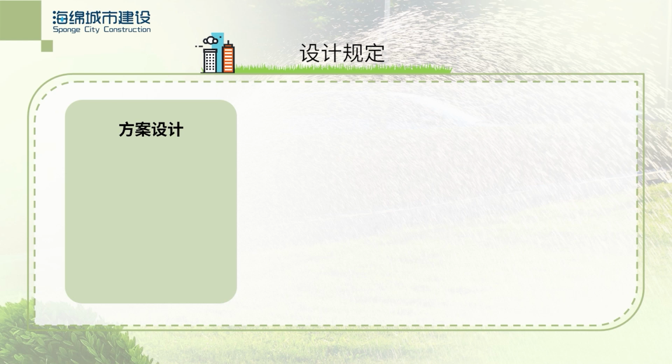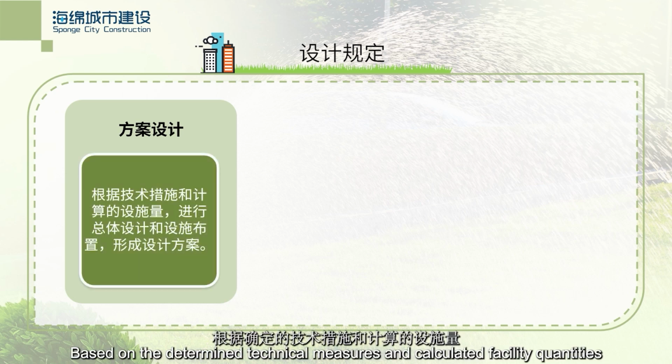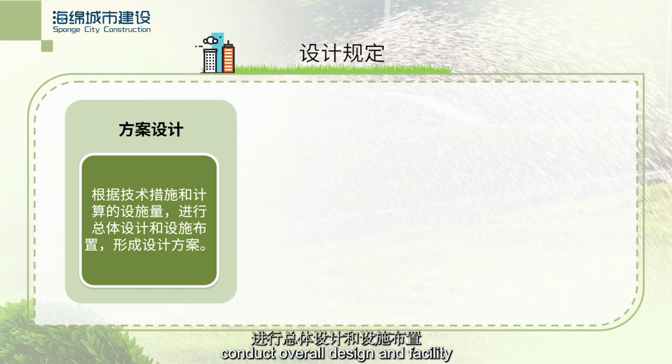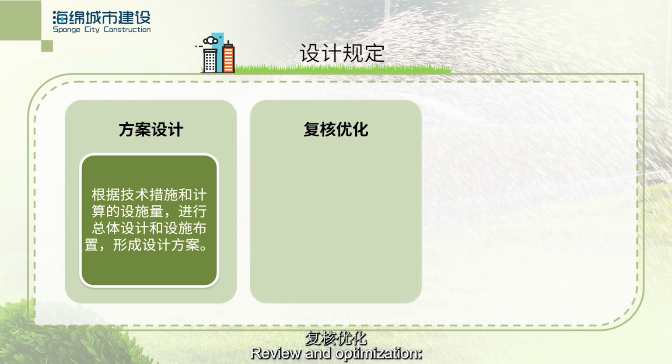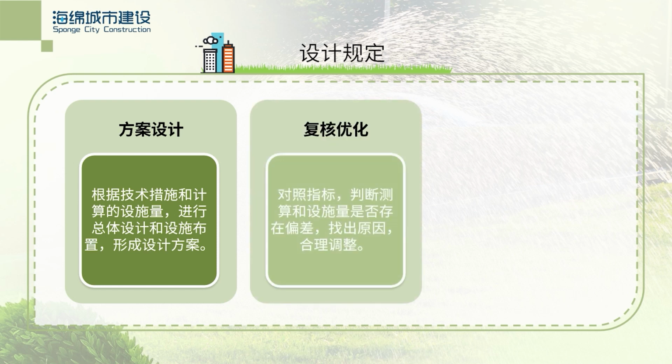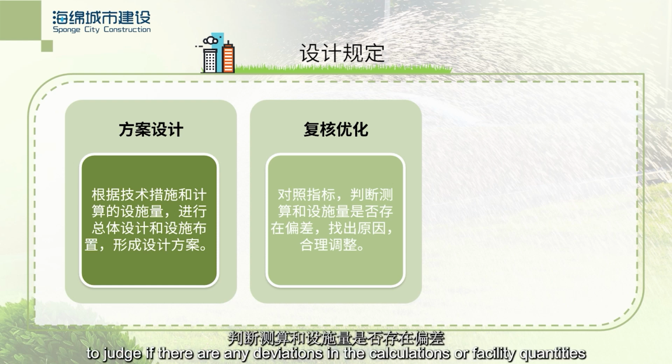Design plan. Based on the determined technical measures and calculated facility quantities, conduct overall design and facility layout to form the design plan. Review and optimization. Compare the index to judge if there are any deviations in the calculations or facility quantities.